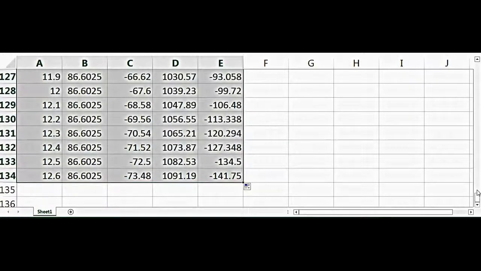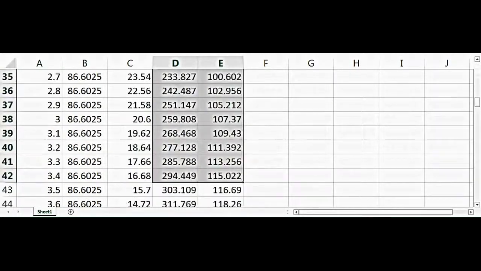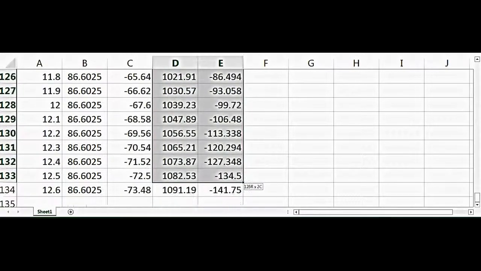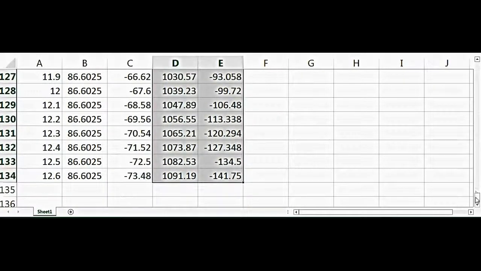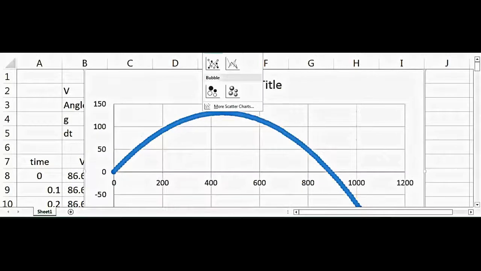And now I can plot x versus y to look at the trajectory of the ball. So if I plot this line x versus y, this is the trajectory of the ball.